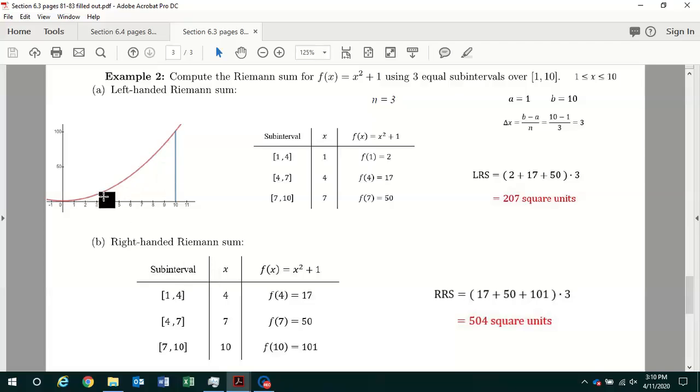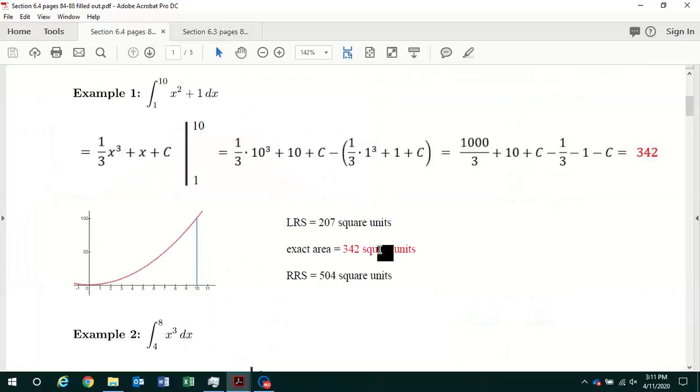So here's the graph of the function that we just did the definite integral with, f of x equals x squared plus 1, and we estimated the area under the curve and above the x-axis from x equals 1 to x equals 10. The left-handed Riemann sum was 207 square units, and the right-handed Riemann sum was 504 square units.